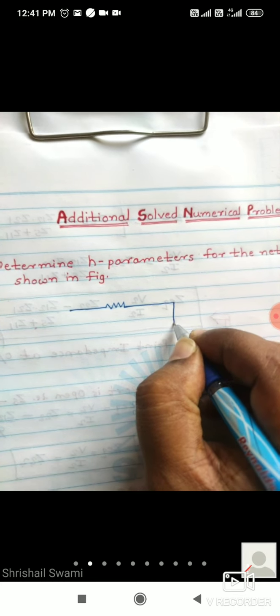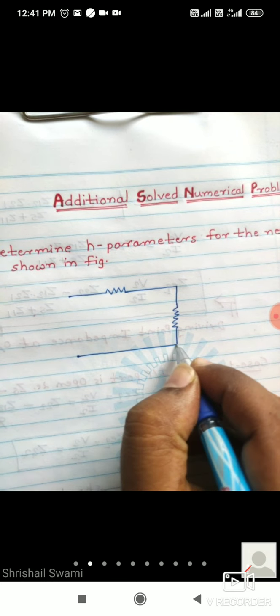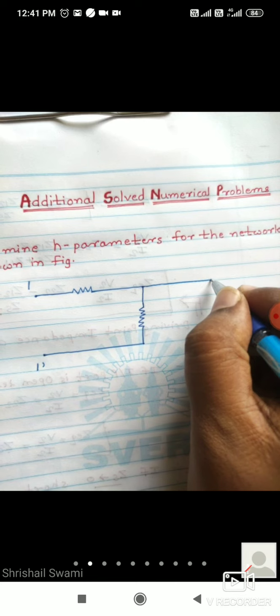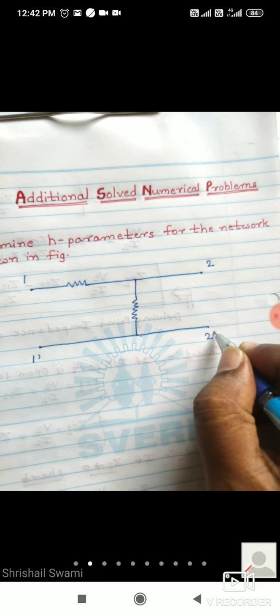So the given network is shown in the figure. Very simple network to observe. This will be 2 dash.